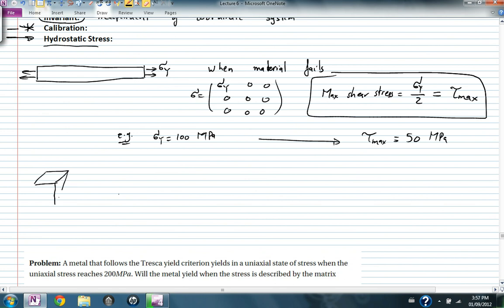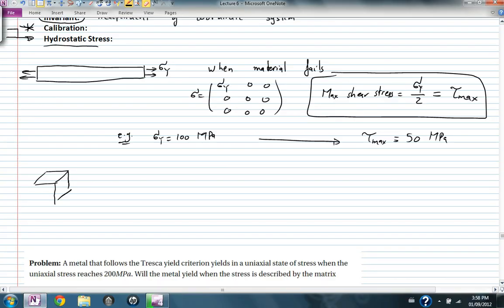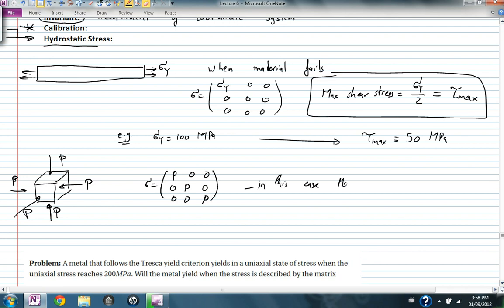Let's bring a piece of metal and put it in the deep parts of the ocean under extreme hydrostatic pressure, where the stress in this case is equal to P 0 0, 0 P 0, 0 0 P. In this case, the maximum shear stress is equal to P minus P divided by 2, which is equal to 0.